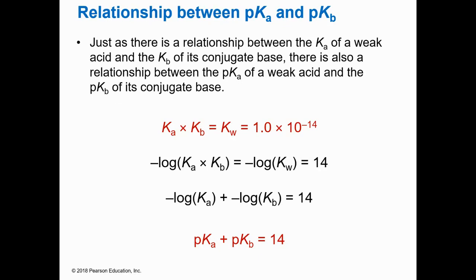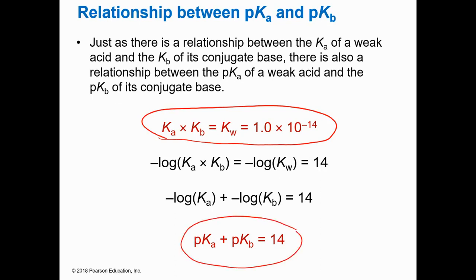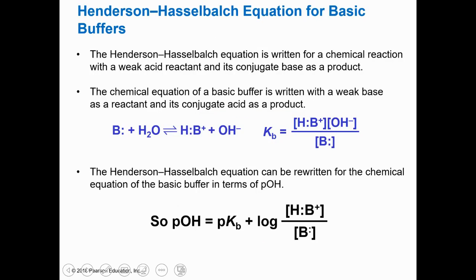Okay, but remember this equation with our Ka and our Kb and Kw? So pKa and pKb are also equal to 14. So you could find pOH from this equation. pKb is equal to log of acid over base. It doesn't matter to me which one you use, but once you find pOH, you then have to find pH.